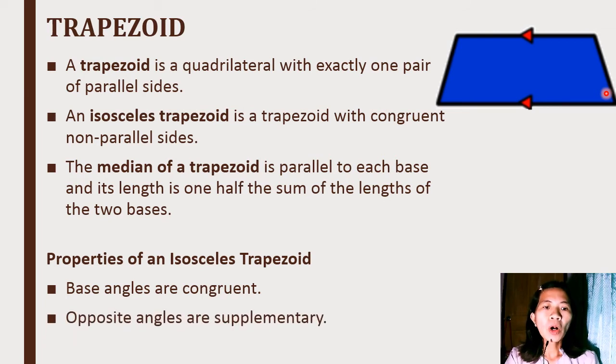Then opposite angles are supplementary, so the measurement of this angle and the opposite of it is equal to 180 degrees. And the diagonals are congruent. So if we draw two diagonals in an isosceles trapezoid, they have equal measures.